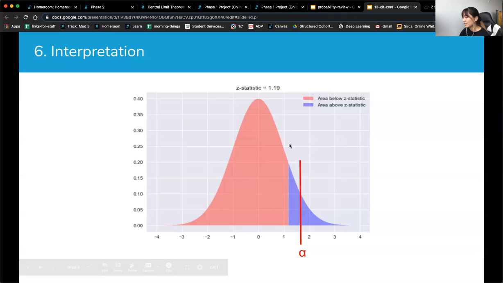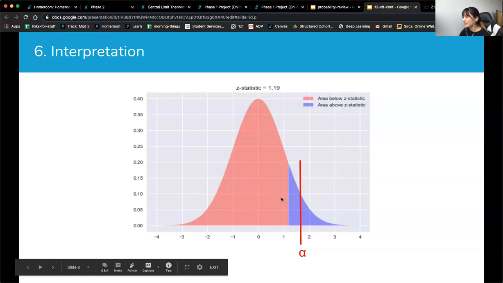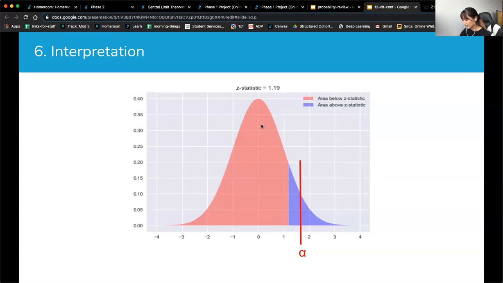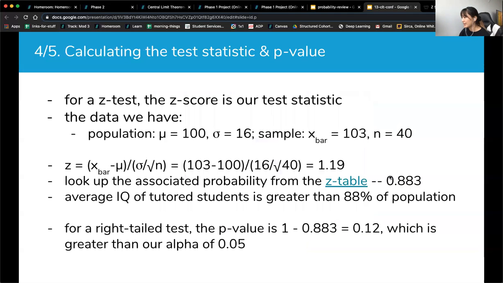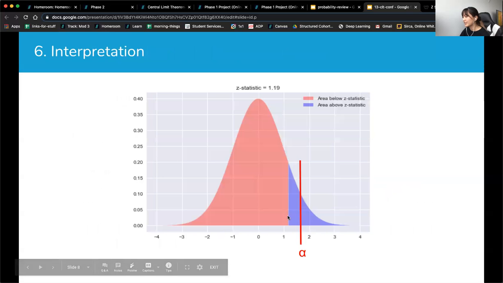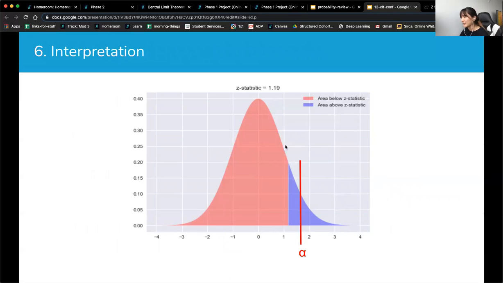Based on what we looked up in the Z table, this red area is 0.883, because the probability you look up from the Z table is the area under the curve of everything to the left of your Z score. So that means this red area is 0.883.